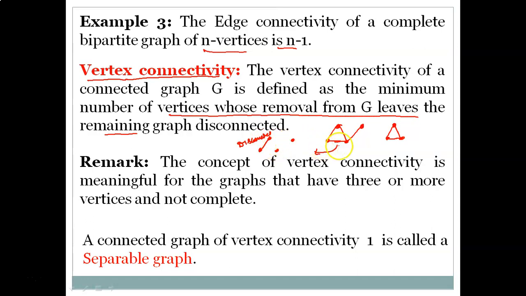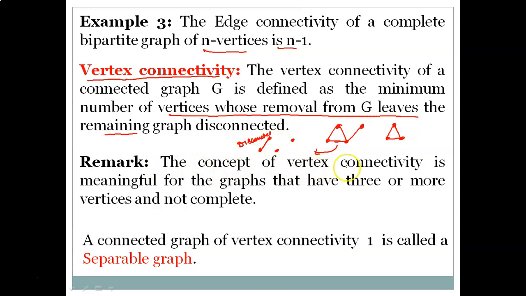So the vertex connectivity of this graph is 1, because the removal of this single vertex leaves this graph disconnected. So this is about the vertex connectivity.